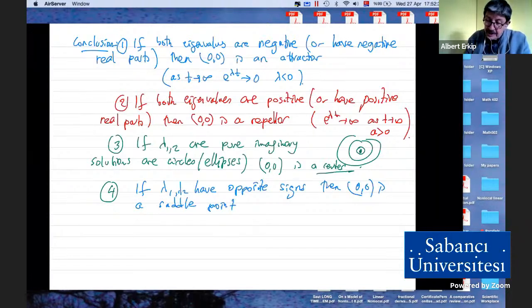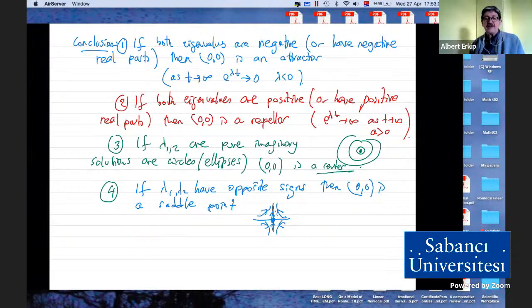Remember, the picture was like this, coming in one direction, going out in the other direction, and so on. So 0, 0 is a strange structure if the eigenvalues are of opposite sign. Okay, this was the summary of what we did.